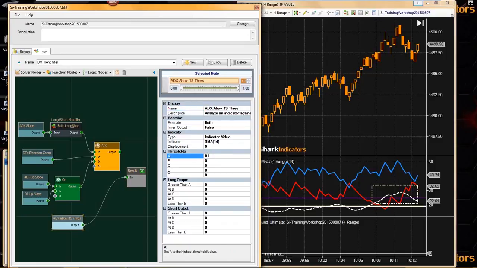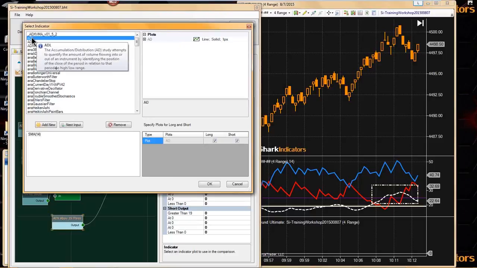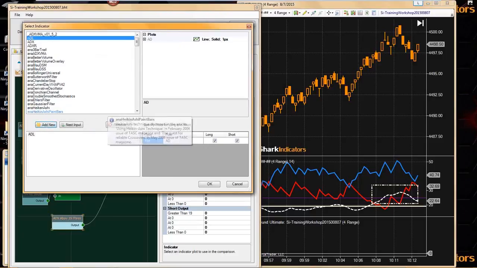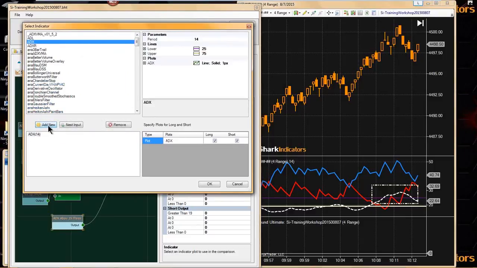So I'm going to set 19 in there. Set our indicator over to the ADX, wrong one, ADX, there we go. Alright, using the standard 14 period.